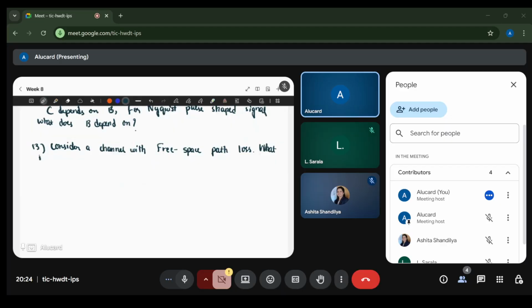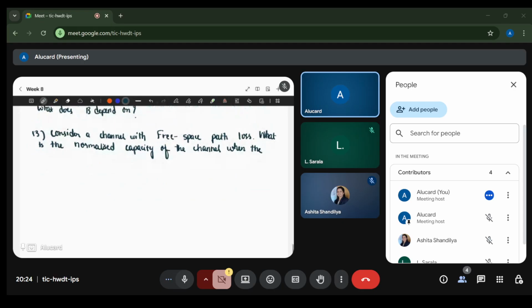What is the normalized capacity of the channel when the transmitter and receiver are separated by a distance of 150 meters.